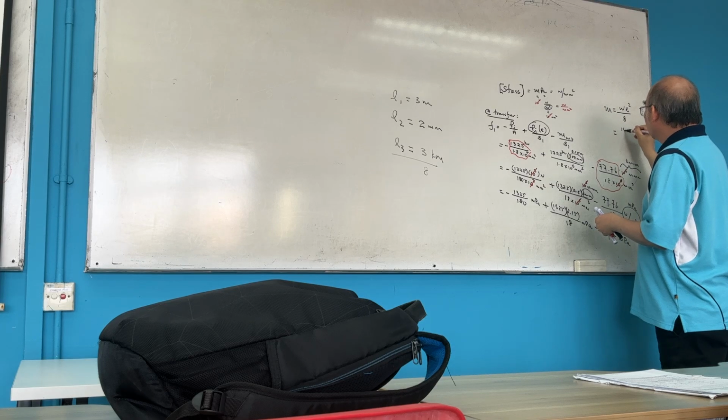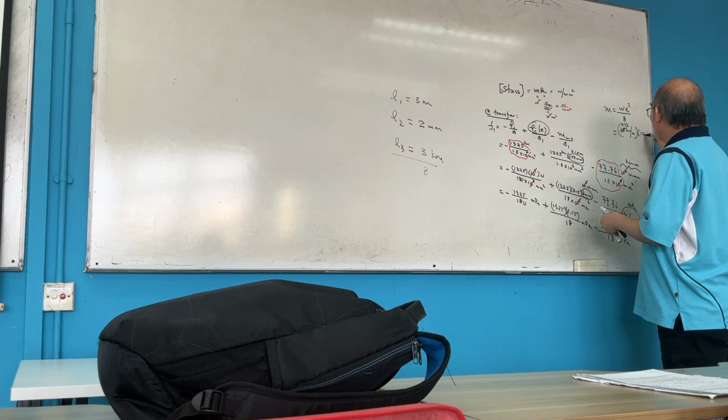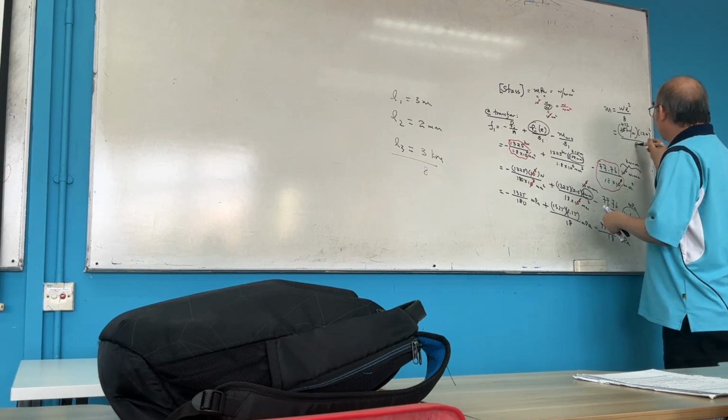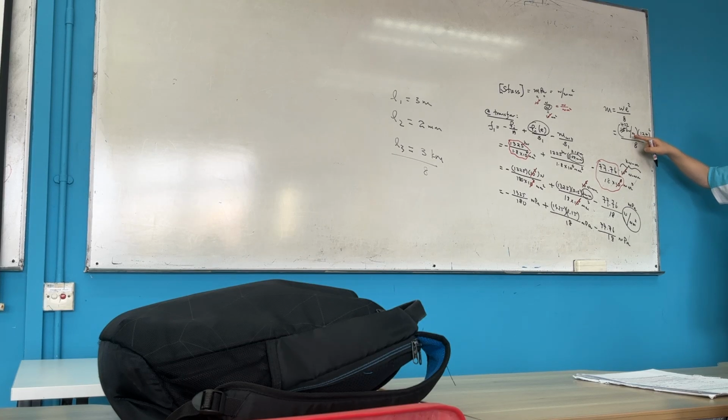And this W is, let's say, 15 kilonewton per meter, or in this case maybe 4.32, and here you may have 12 meters square divided by 8, right? So you can see that the unit is going to be kilonewton meter, right? So you have to remember that my kilonewton meter, I have to convert it to Newton millimeter so that I can have the same units, right? So you convert it to 10 to the 6, and 10 to the 6, 10 to the 6 cancel out, okay?